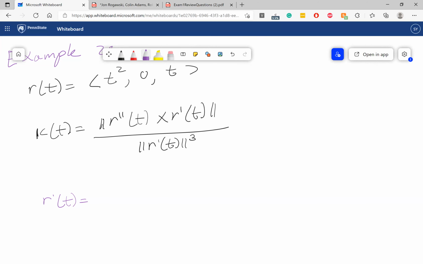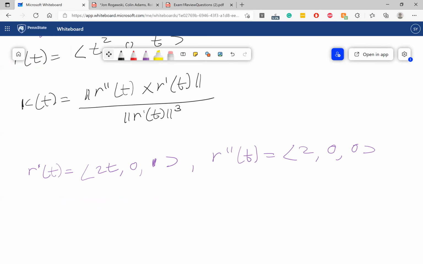So r prime of t is going to be (2t, 0, 1). That means that r double prime of t is going to be (2, 0, 0).